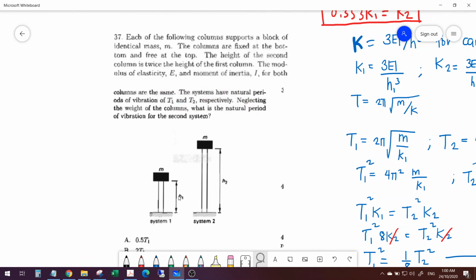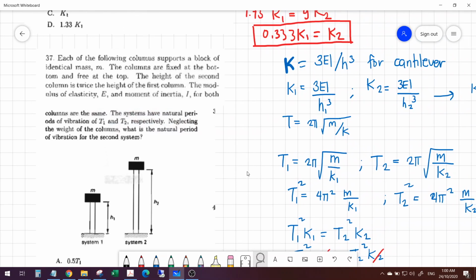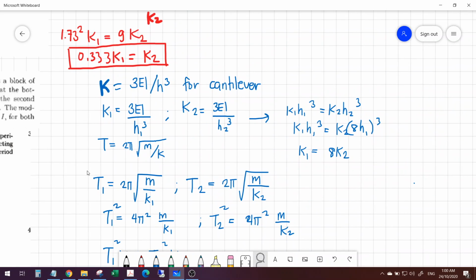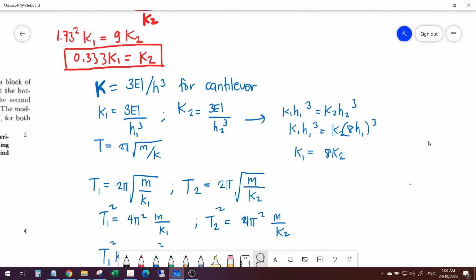We have a cantilever system. Take note that the stiffness of that system is 3EI over H cube. How do we get that? Remember a cantilever beam.